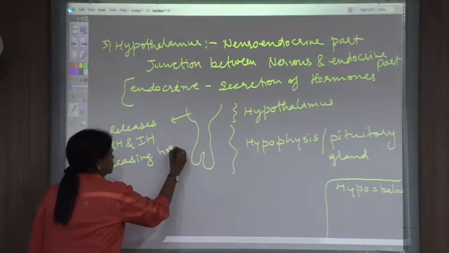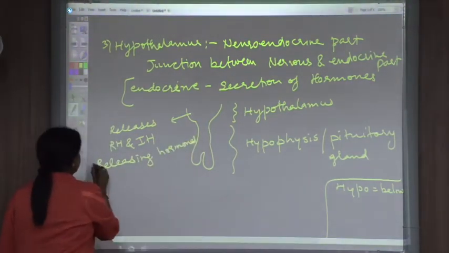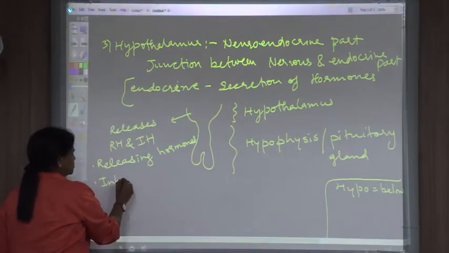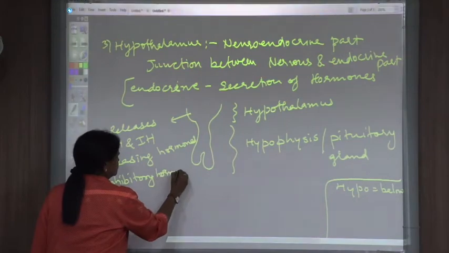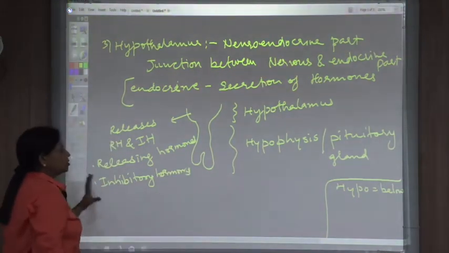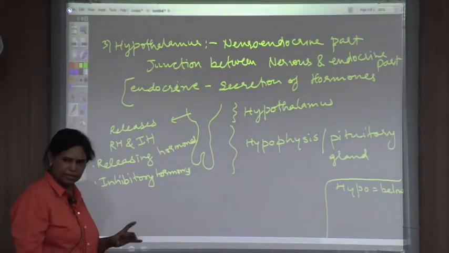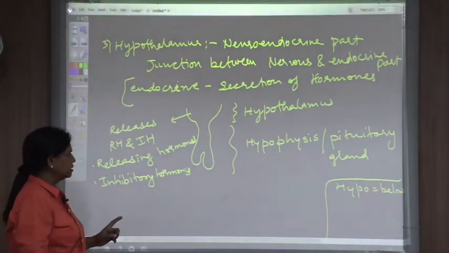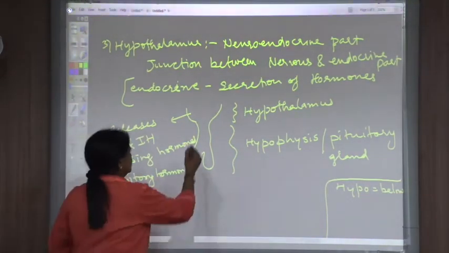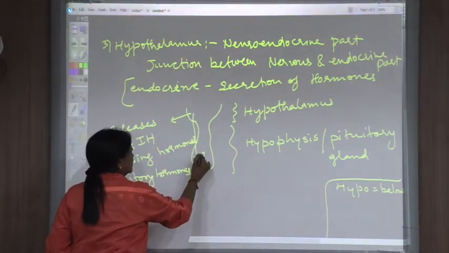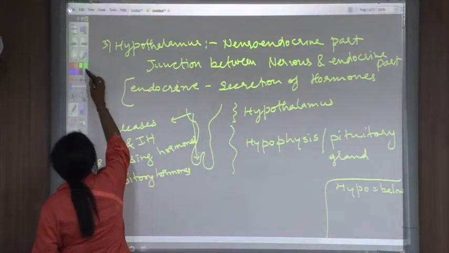Now these hormones will be poured via a hypophyseal portal system up to the pituitary, whatever is being released from the hypothalamus यहाँ से, and these hormones will be poured here in the pituitary.